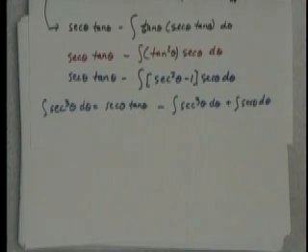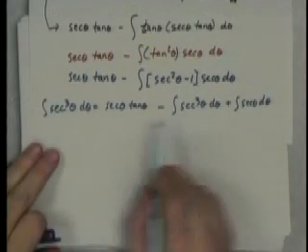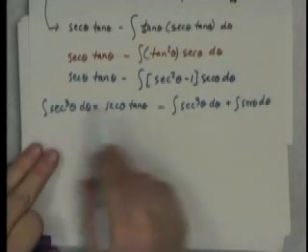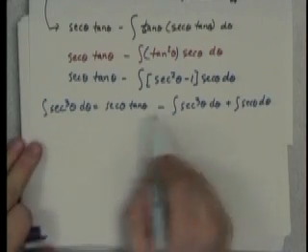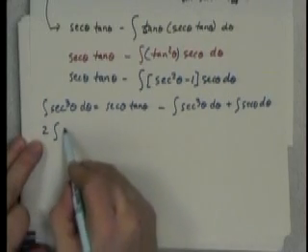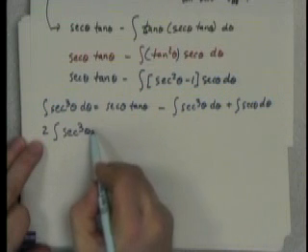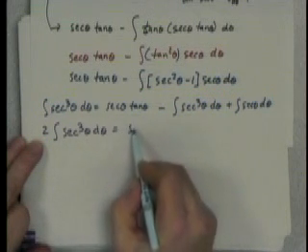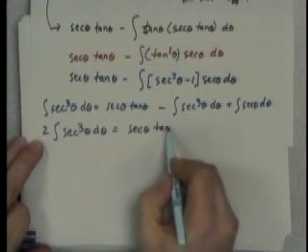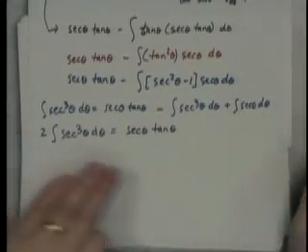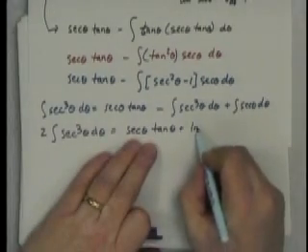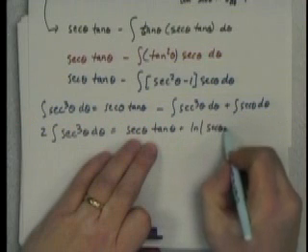So this looks like one of those where I'm going to want to add this integral over to this side because they're identical. By adding it over here, I'm going to end up with 2 times the integral I'm interested in. The antiderivative of secant is the natural log of secant theta plus tangent theta.